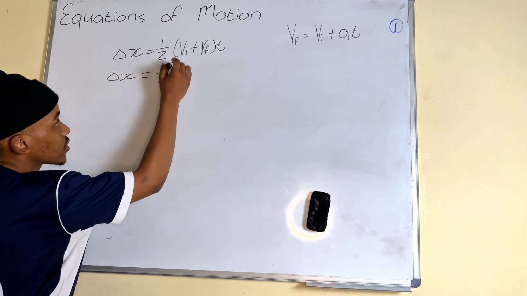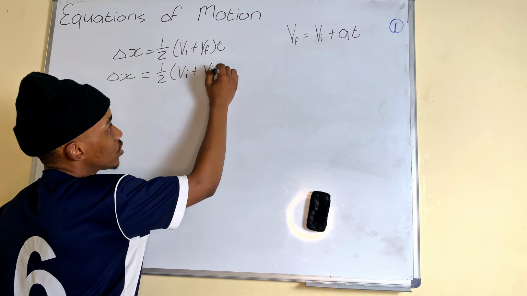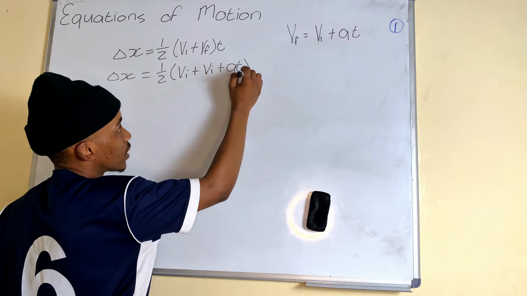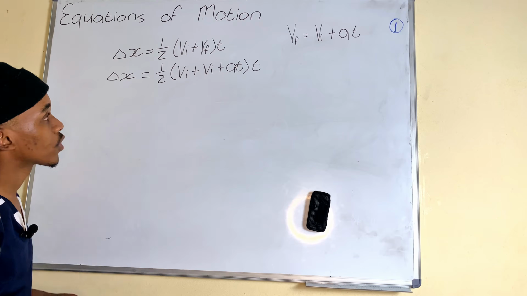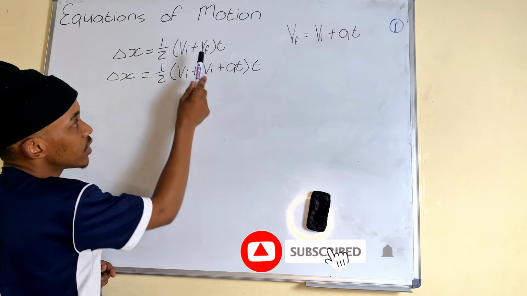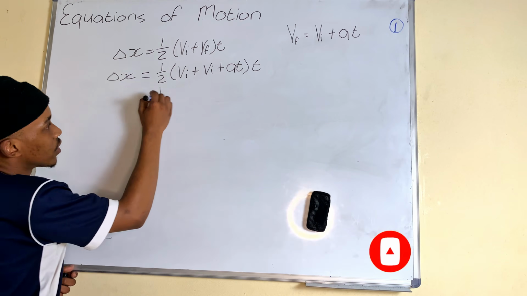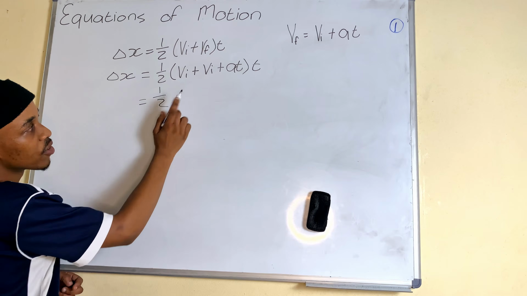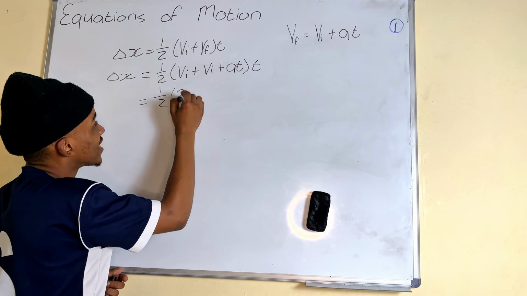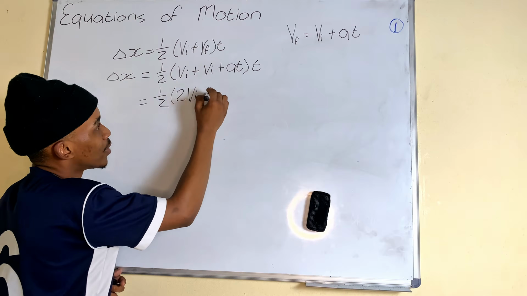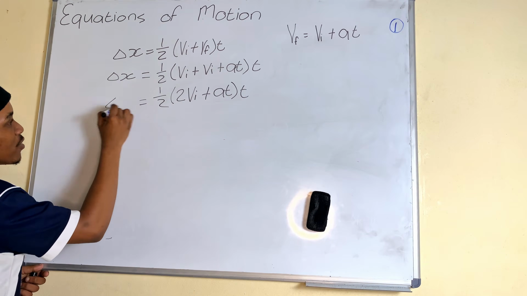This will give us velocity initial plus velocity initial plus acceleration multiplied by time, where t multiplies with everything. And so we can see that velocity initial plus velocity initial will give us 2vi plus at, where time multiplies with everything.